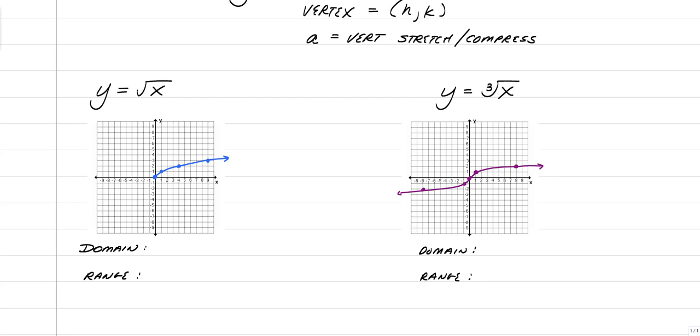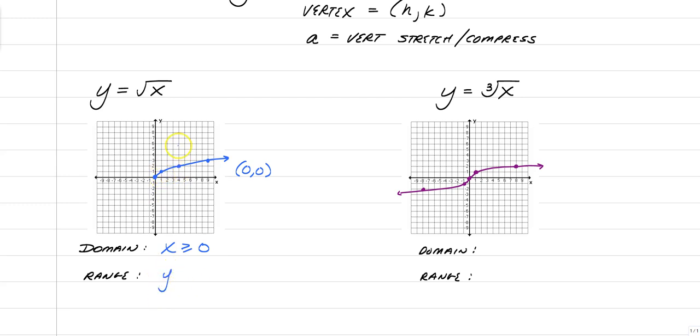Okay, so now we need to talk about your domain and range. Your domain is x is greater than or equal to the x-coordinate of your starting point. So your starting point is 0, 0. So since it's going to the right, x has to be greater than or equal to 0. And then your range. Your range is your y value.